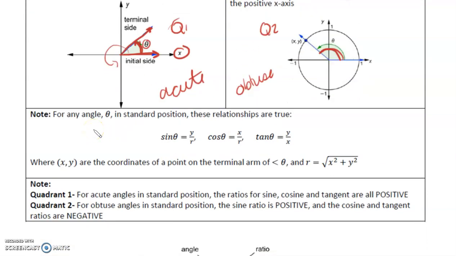For any angle theta in standard position, these relationships are true. Whatever the x comma y value is, we're going to have sine theta equals y over r. I'm going to get to r. Cos theta is x over r, and tan theta is y over x.